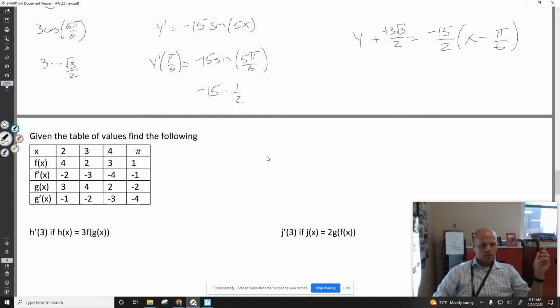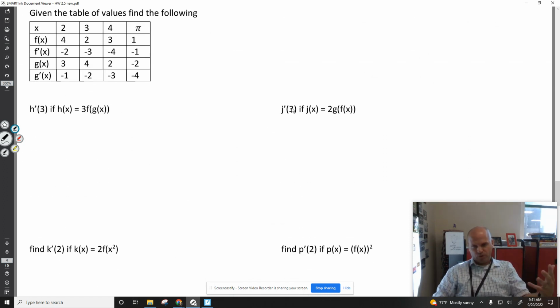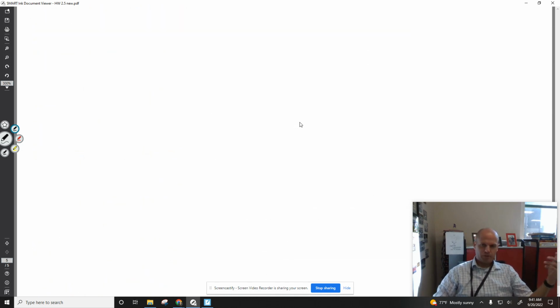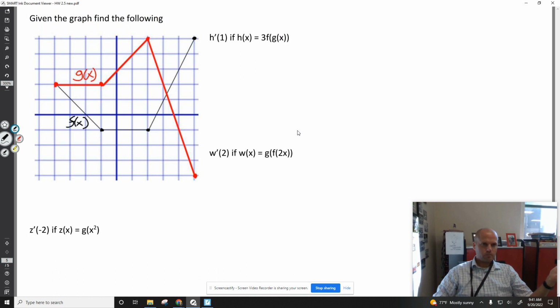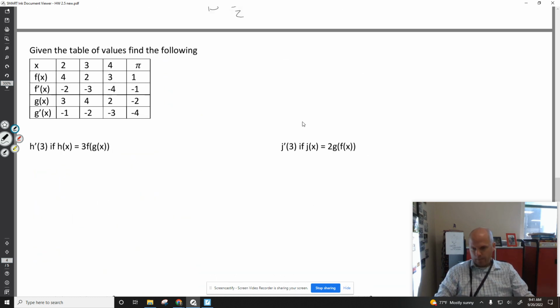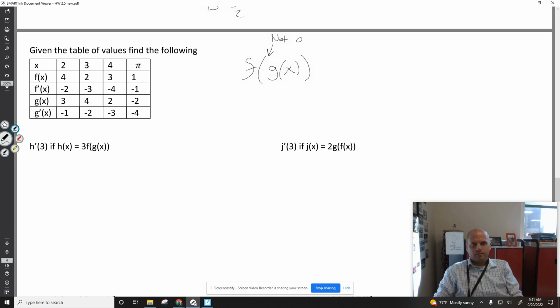All right. With the chain rule come table problems. We did these last class. Nothing to worry about, but it is notation where f parentheses g parentheses x is not a product.